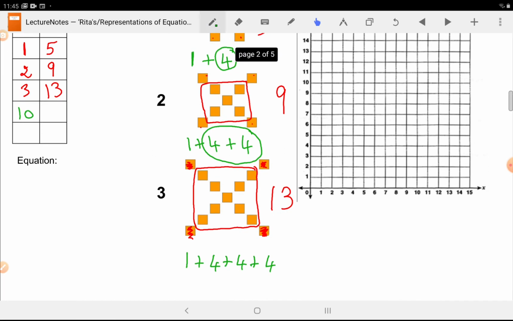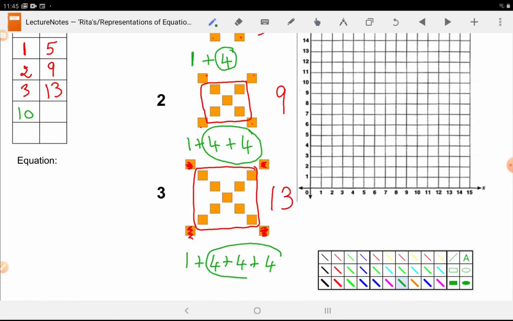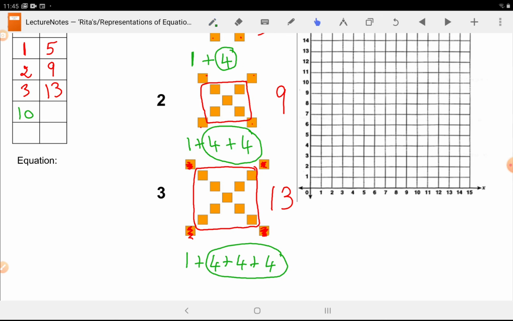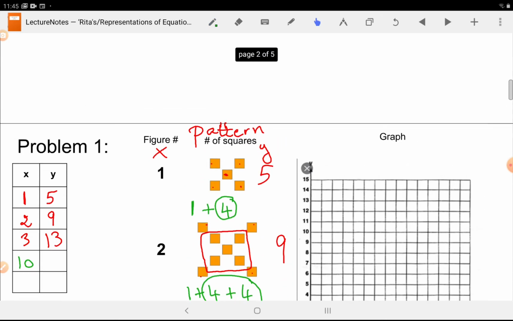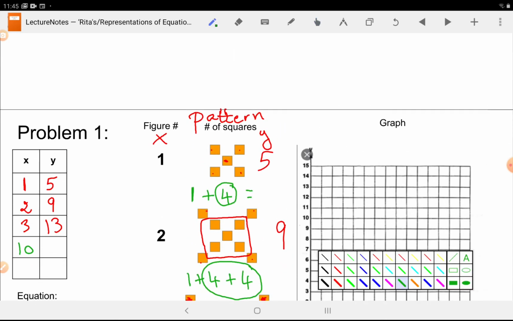Figure number 3 had 1 plus 3 4s, which means that's really equal to 1 plus 4 times 1.